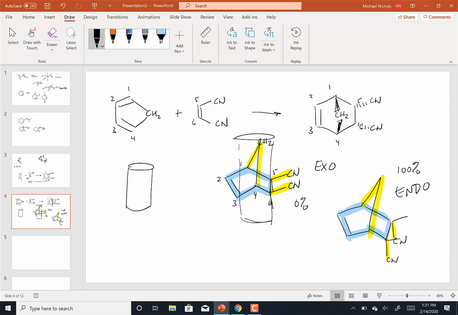I've had a lot of practice with those, with the bicyclic systems. But either one would be acceptable. So the third rule then is the endo rule. Cyclic diene cis alkene always produces the endo product as the major product.